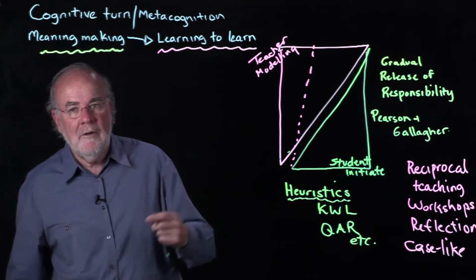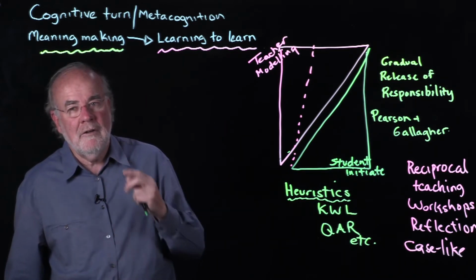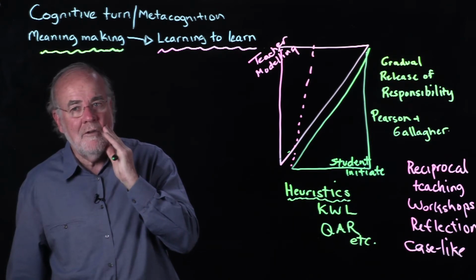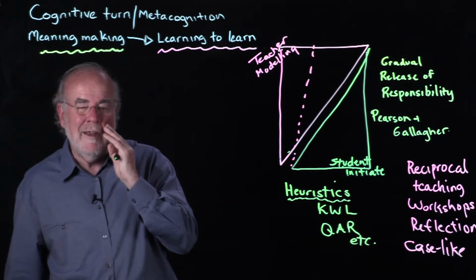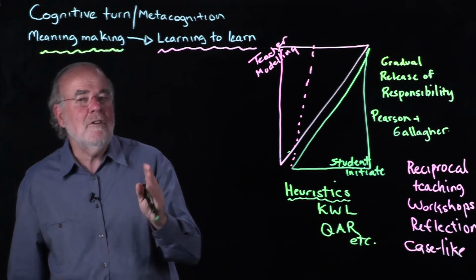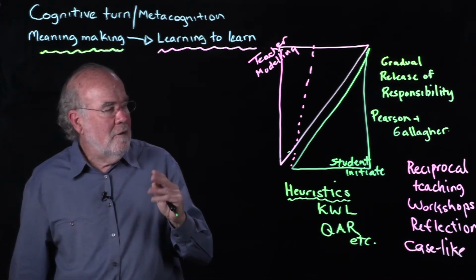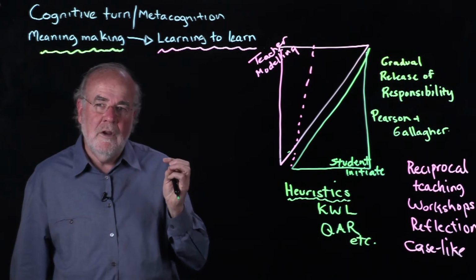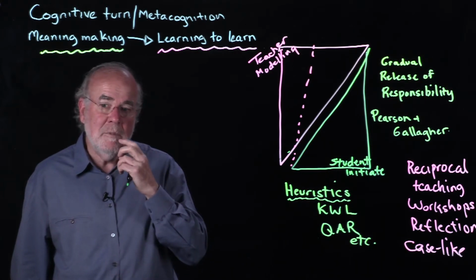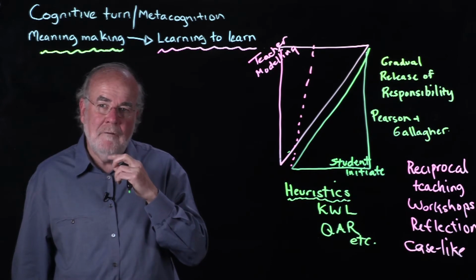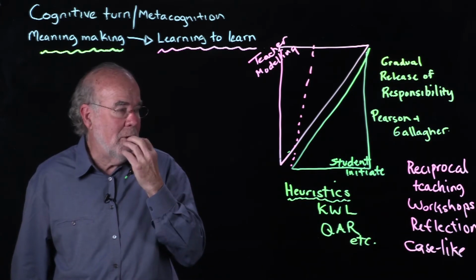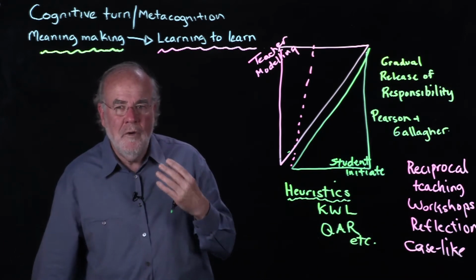I know Anne Brown, who did a lot of the work in metacognition, sometimes expressed frustration that she needed to encourage students and remind them, oh, don't forget to use that strategy. In reality, I think the gold standard is one where students enlist this strategy spontaneously for themselves, rather than having to be reminded.